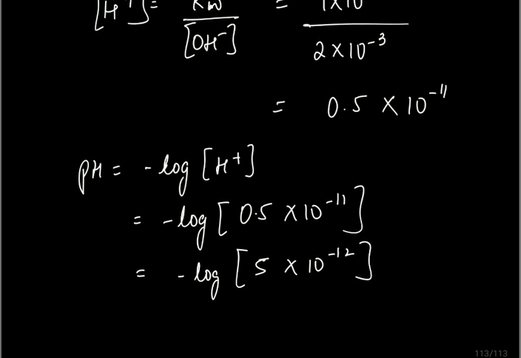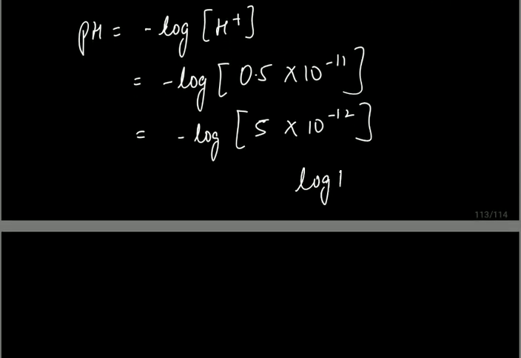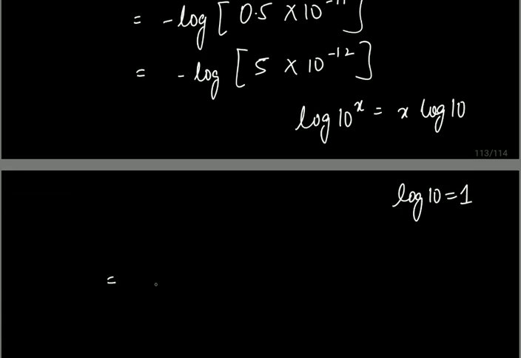So now according to the formula, if you remember, log 10 raised to the power x is equal to x log 10. Log 10 value is equal to 1, correct? So I'll be taking this number over here, minus 12.